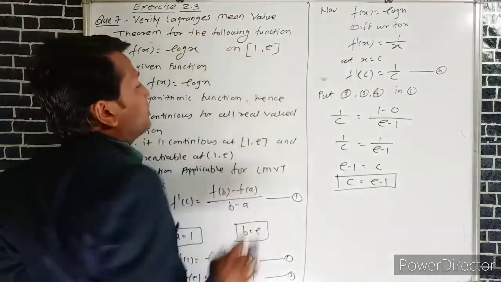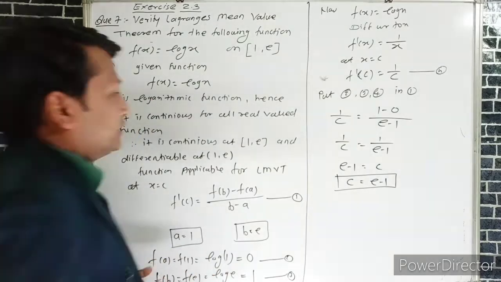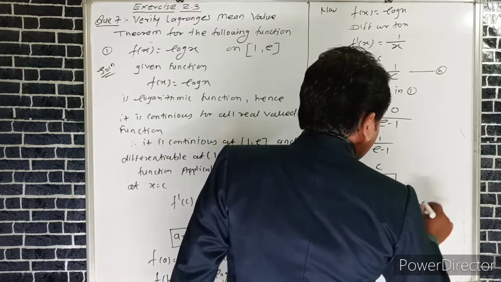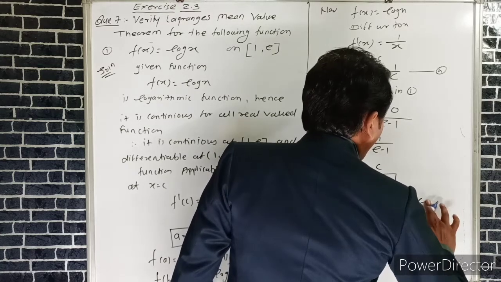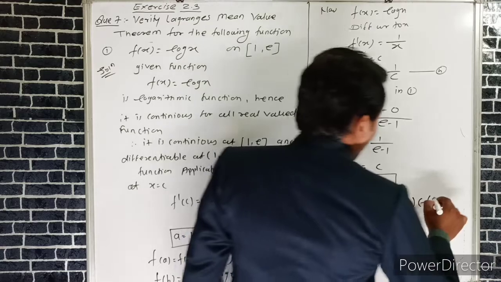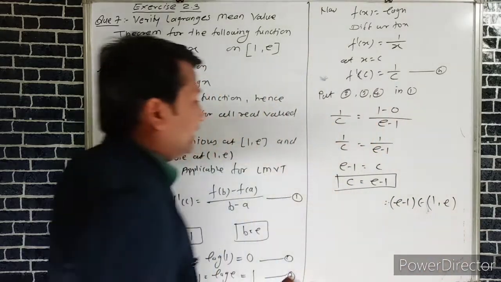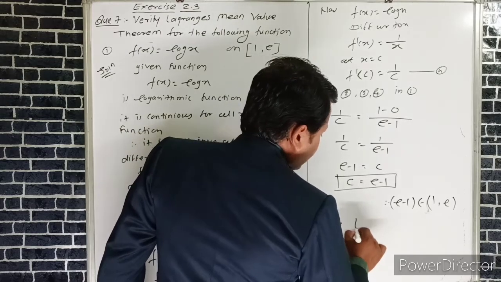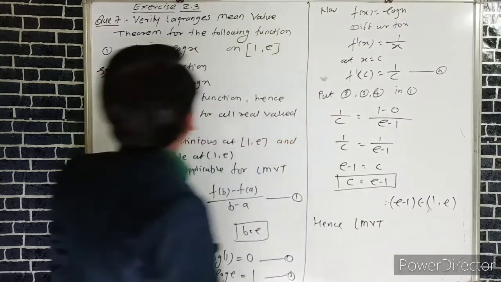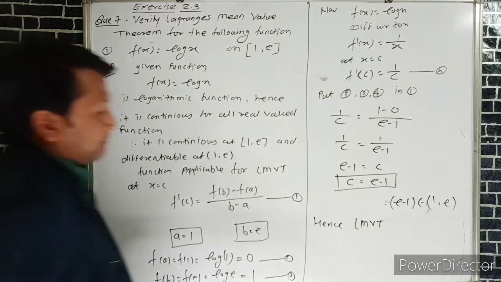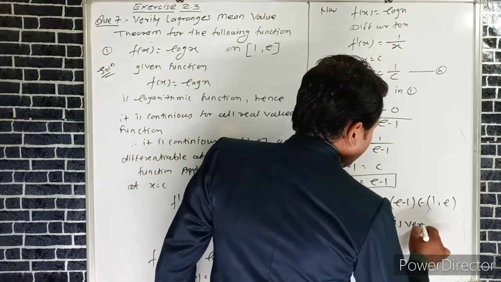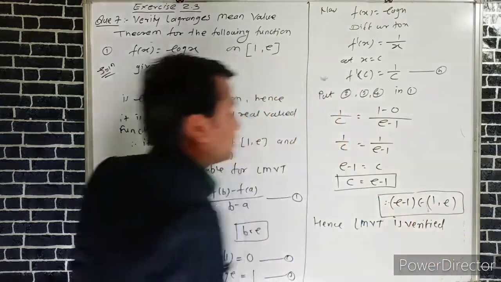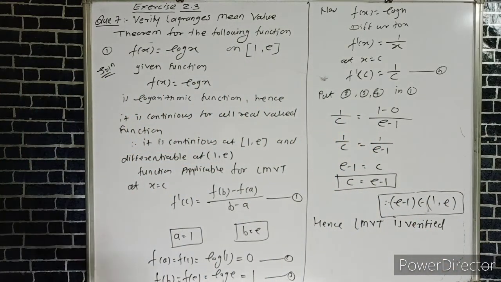The upper limit of the given function is e, and hence e minus 1 belongs to the open interval (1, e). Hence Lagrange's mean value theorem is verified.